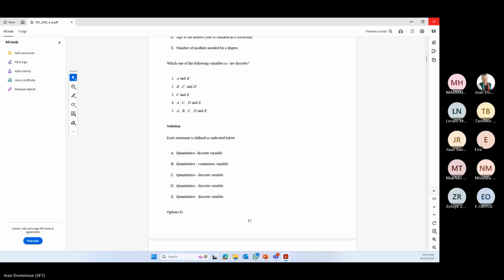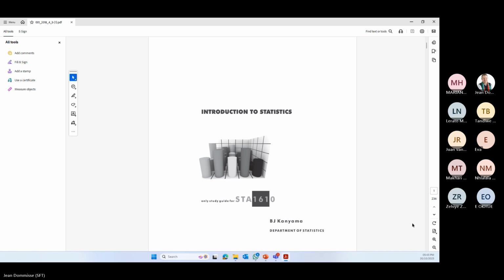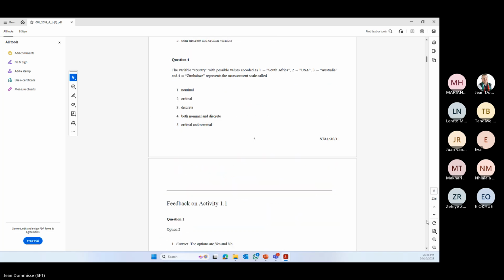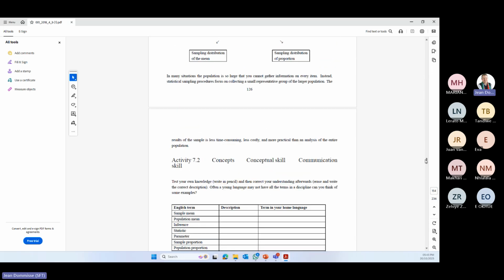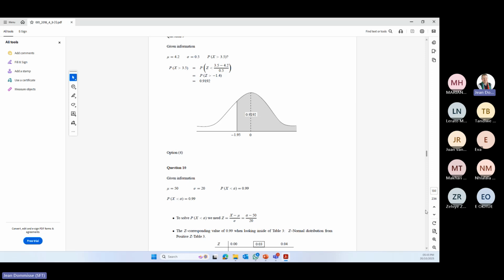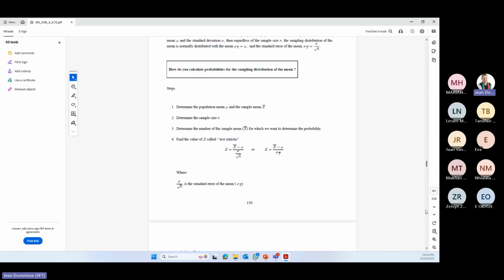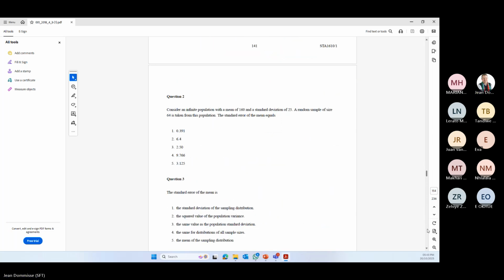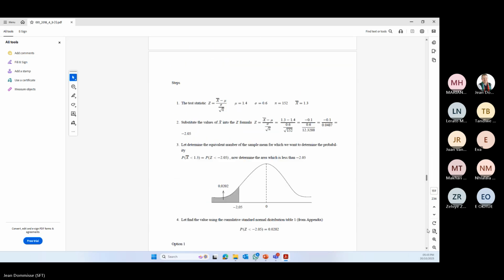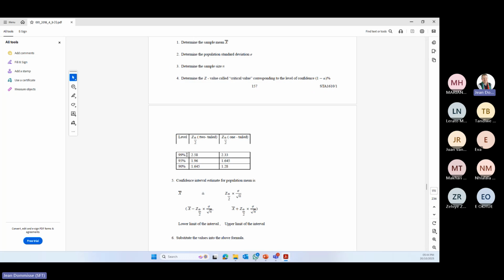It was somewhere in the study unit, particularly study unit 7 or 8, where that table was. Okay, so 99%, 2.58, yes.